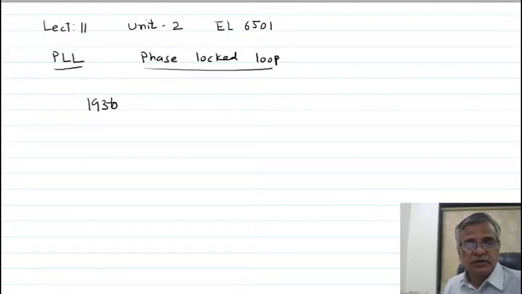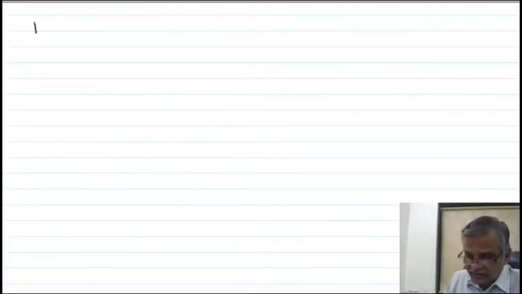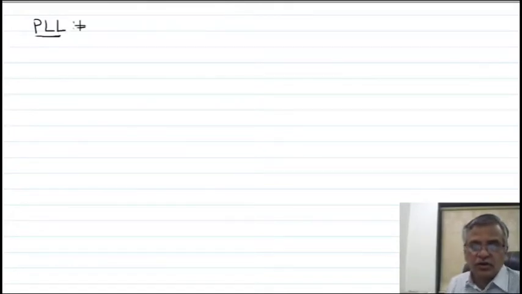PLL is available in a monolithic IC form and is very inexpensive. The technique for controlling the frequency, you can say, for now I am discussing the block diagram of the PLL, phase lock loop.